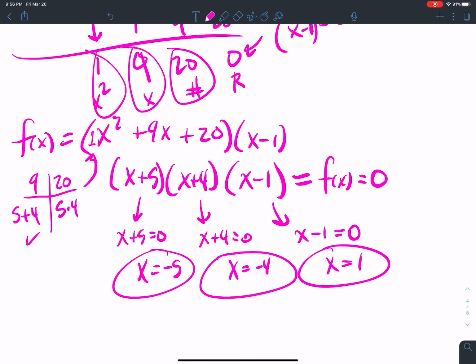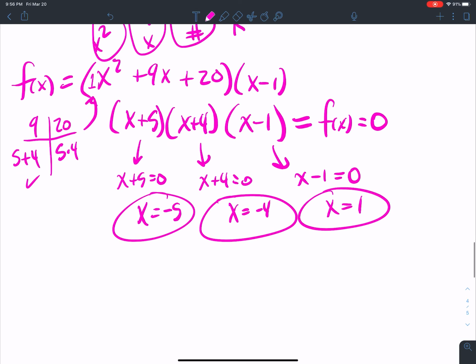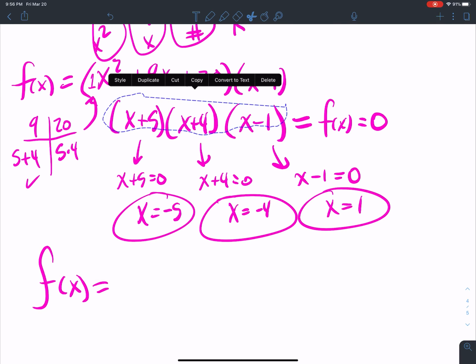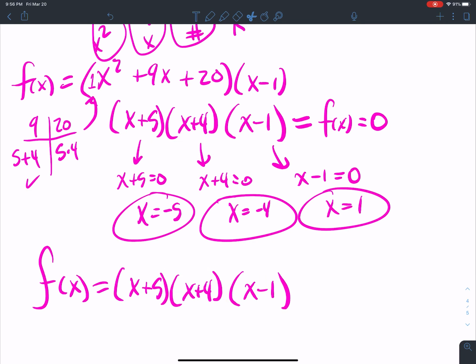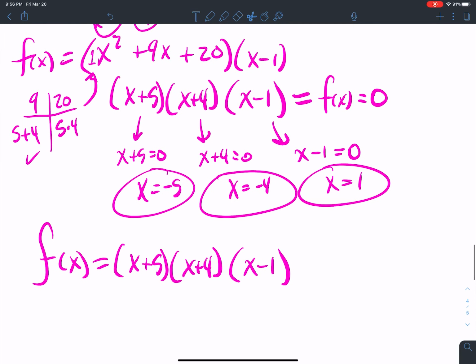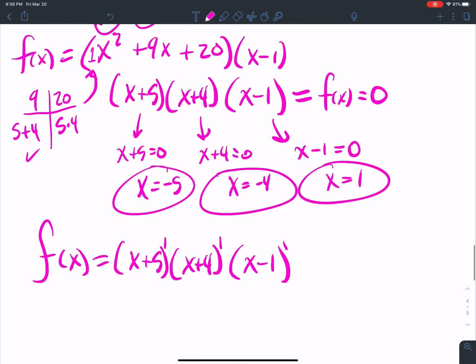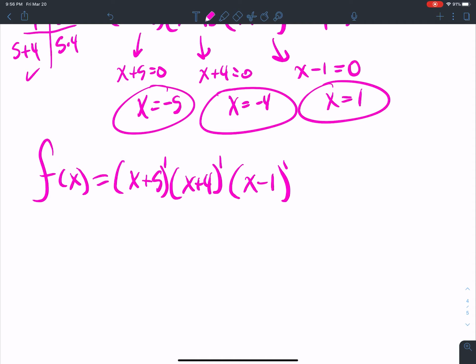So when I'm thinking about this function, f of x, which is equal to x plus 5 times x plus 4 times x minus 1, the multiplicity for each of these terms is 1, okay? There's 1 of each of those factors. So that means that I am an odd multiplicity, which tells me that I cross, okay?